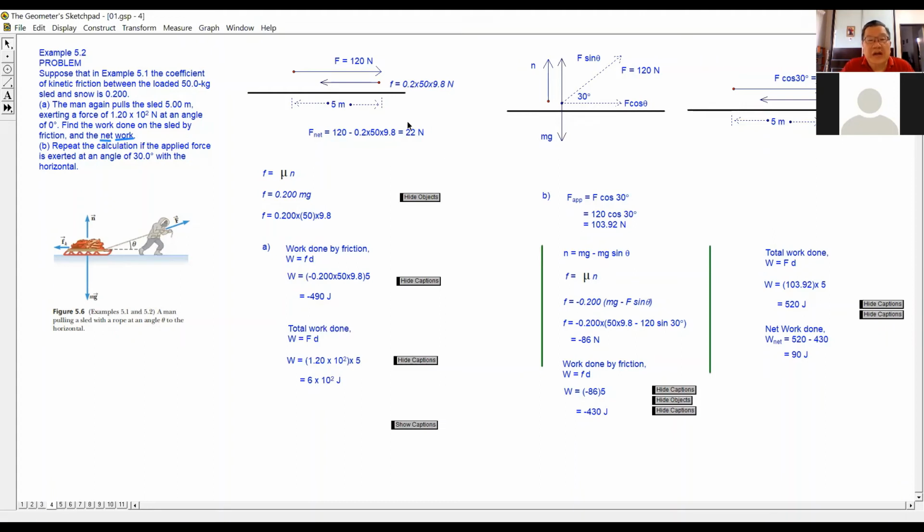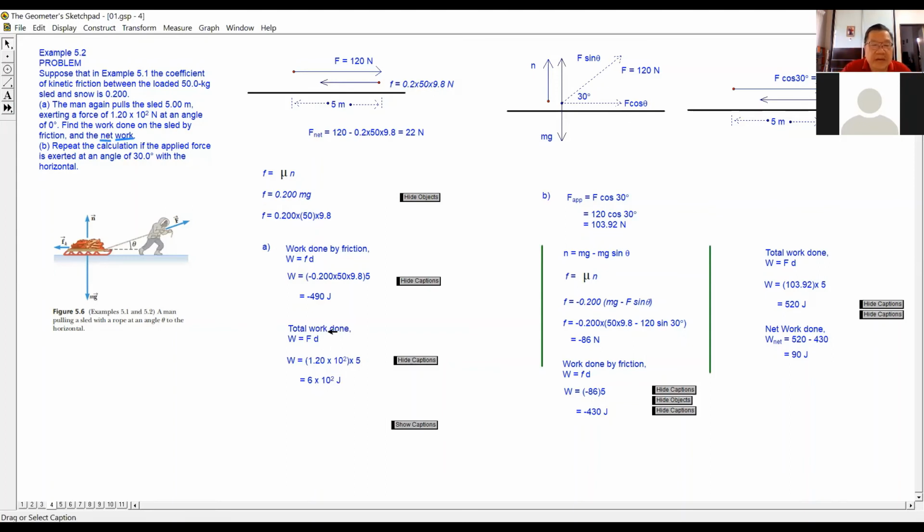The net force is 22 newtons, because this is actually 98 newtons. This 22 newtons is the difference between the applied force and the frictional force. So this net force can still do work. The work done by this net force is called the net work. It should be net work done, then people won't confuse it with the word network, right?